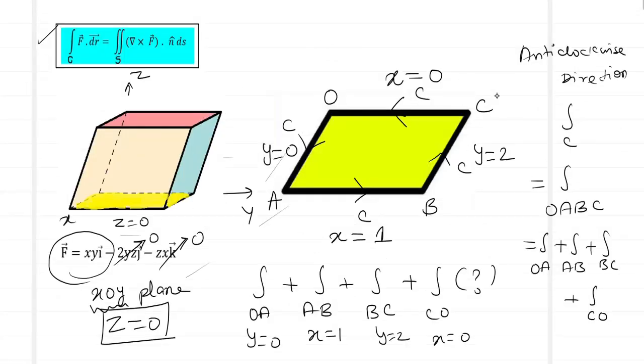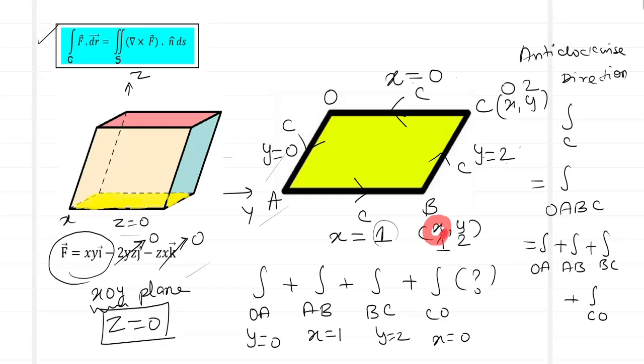Which is my BC? This is my BC. What are the coordinates of BC? B is x equal to 1, y equal to 2. What is the coordinate of C? x is 0, y is 2.